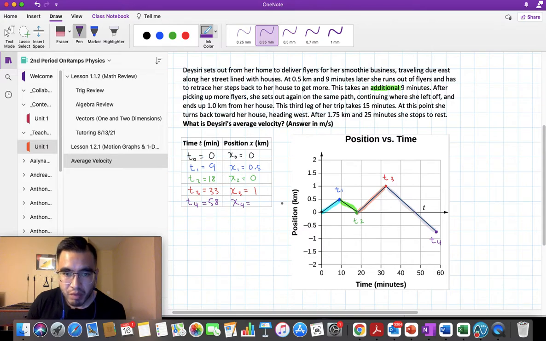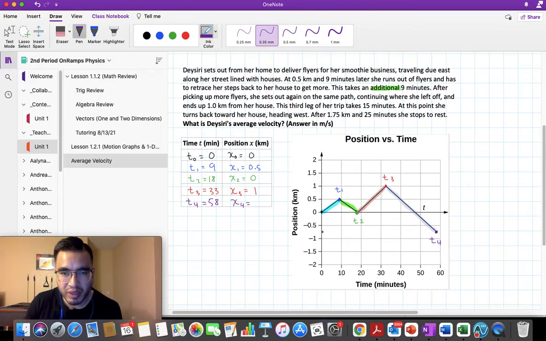However, when we write down our point, it's 1 minus 1.75 because she went 1.75 towards her house, but she was 1 kilometer away from her house. So we only take into account this negative part.